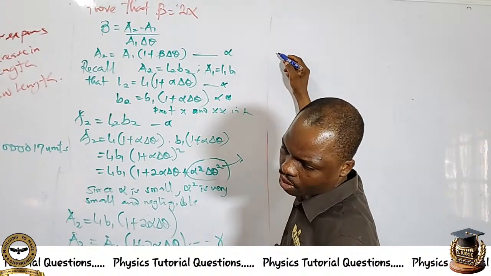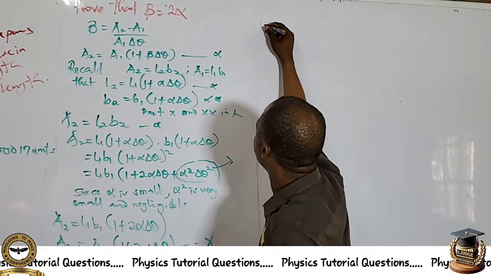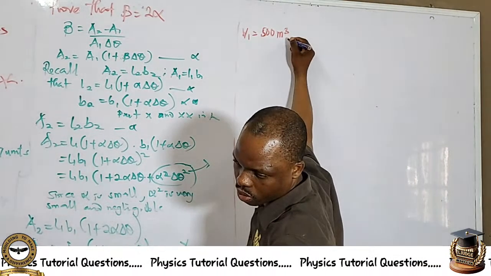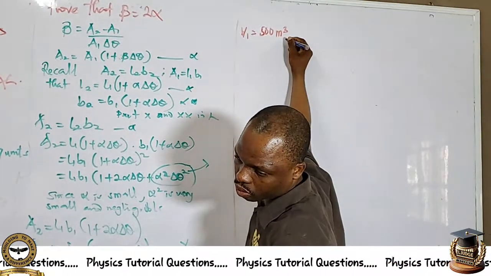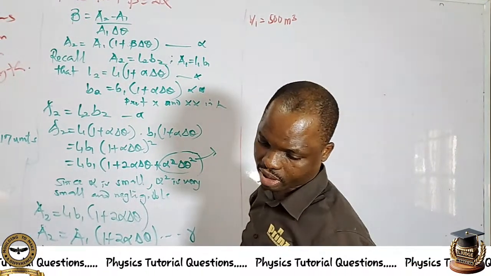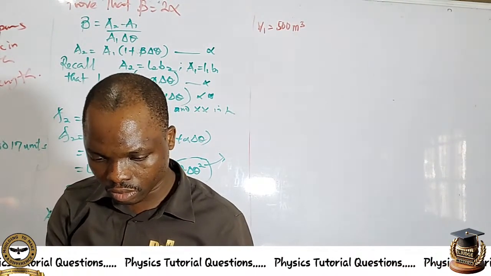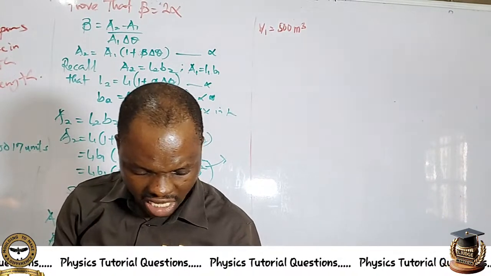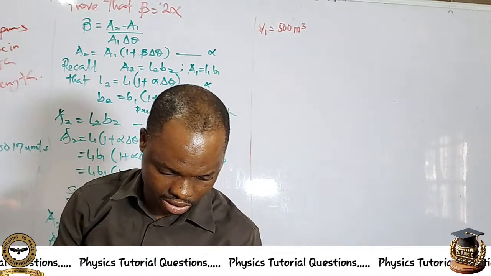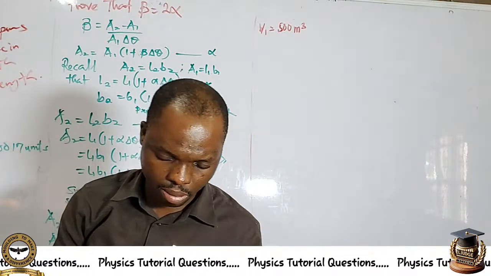The table says original volume V1 equals 500 meter cube, and the linear expansivity was also given to us. The linear expansivity is 18 times 10 raised to power minus 6 per Kelvin.